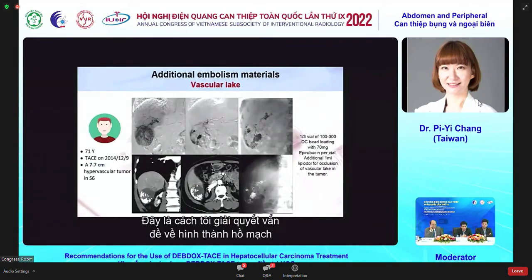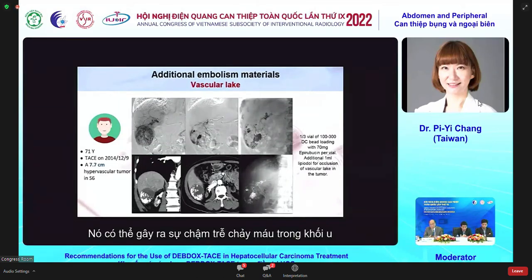This is how I solved the issue of vascular lake formation. If we do not deal with it, or when contrast pooling happens, it can cause delayed intratumoral hemorrhage. So I usually add some gel foam or lipiodol.